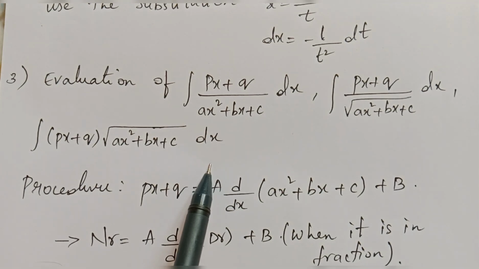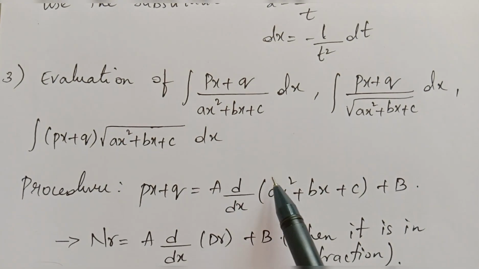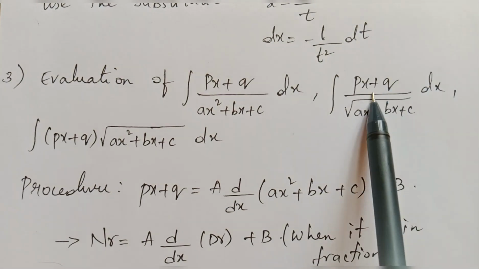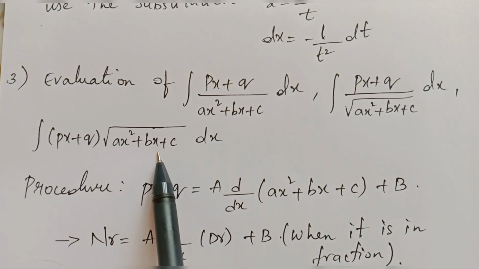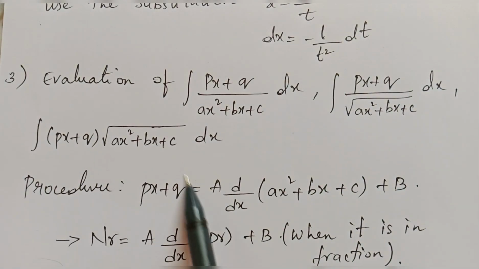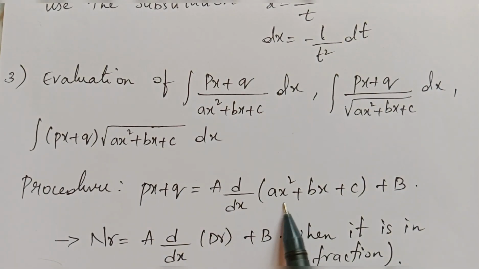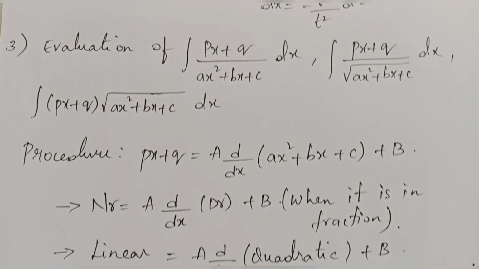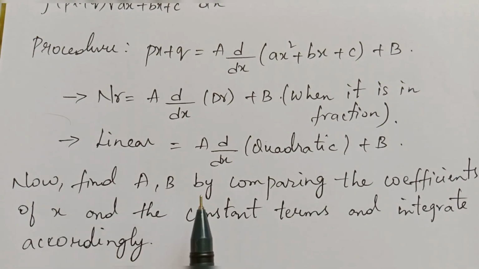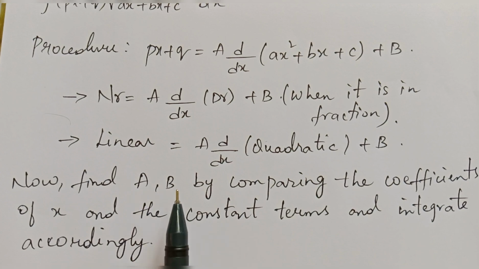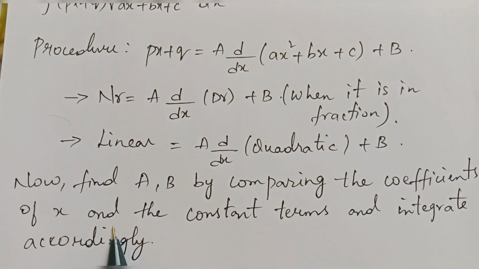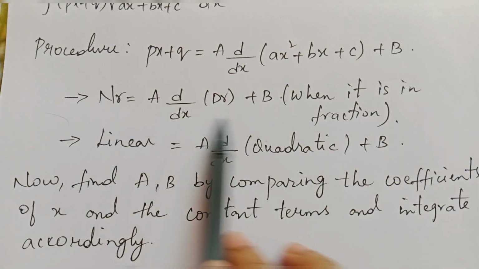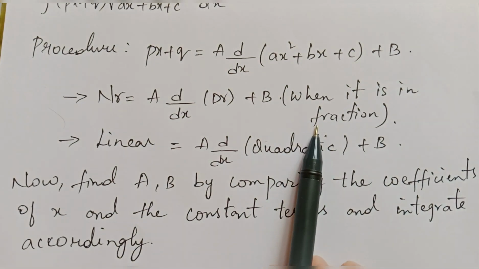So if you get any question which has a linear expression and a quadratic expression, in the numerator and denominator or in multiplicative form, then we take the linear expression equal to a into d by dx of the quadratic expression plus b. We differentiate and find the values of a and b by comparing the coefficients of x and the constant term, and then integrate accordingly.